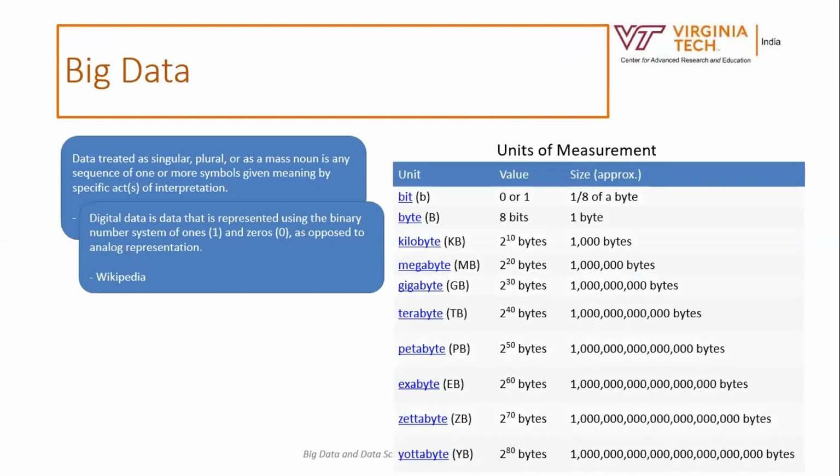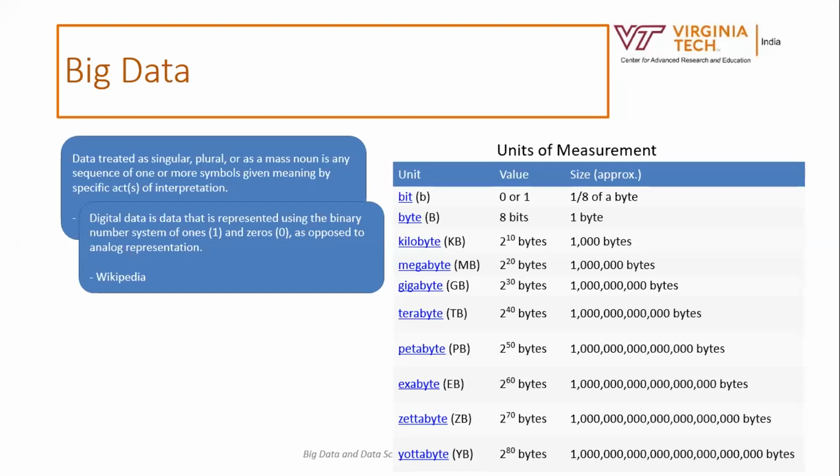So what is the unit used to measure data? It is a bit, which is 0 or 1. A byte is a set of 8 bits together. A kilobyte is 2 power 10, which is 1024 bytes, or for brevity, you can assume it is 1000 bytes by analogy with kilo. A megabyte is 2 power 20.